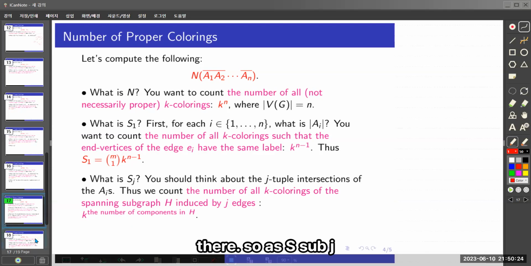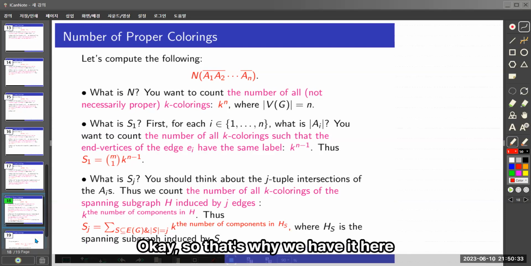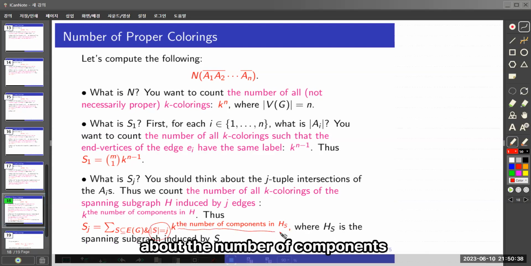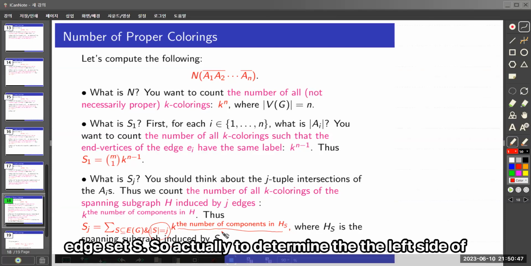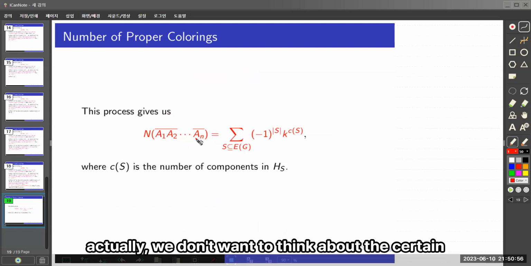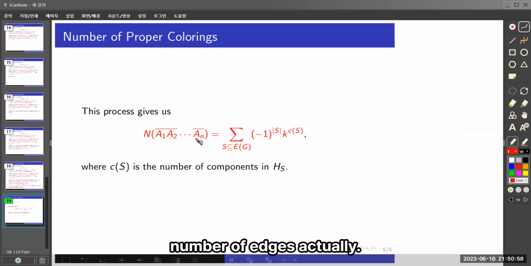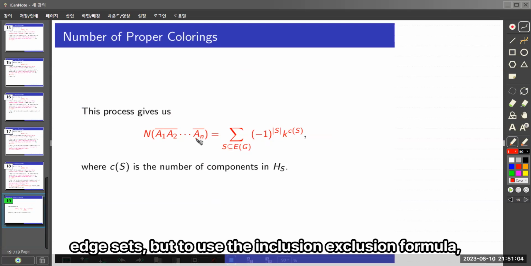So for S_j, we should think about all j-element edge sets, and then the number of components in the spanning subgraph induced by the j-element edge set S. So actually, to determine the left side of the inclusion-exclusion formula, we don't want to think about a certain number of edges, because we just want the summation over all edge sets.